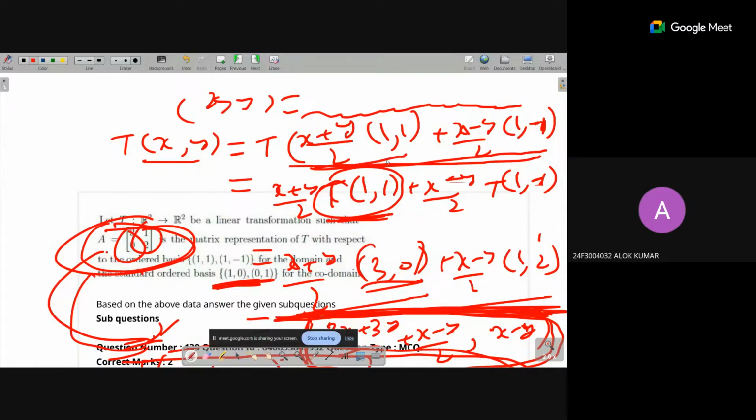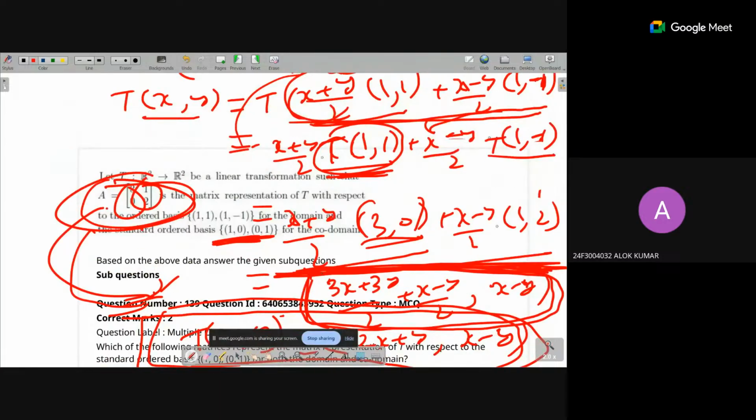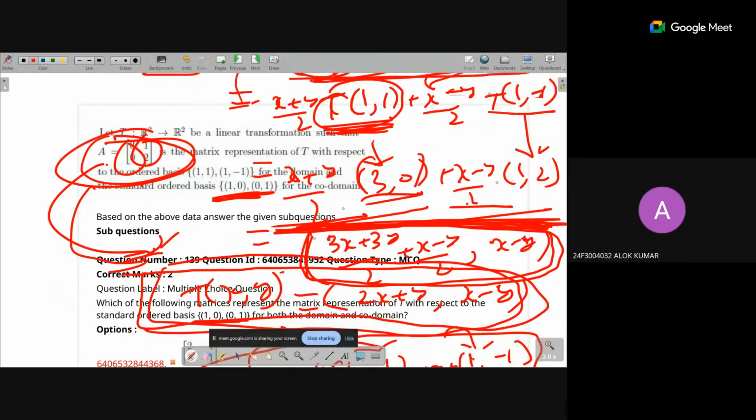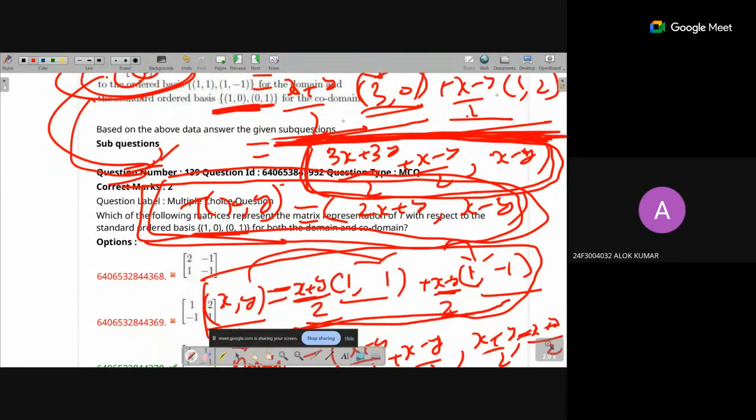Since it is a linear transformation, we can individually calculate it. I have just factored out this constant part and the transformation of 1 comma 1, and then this part and the transformation of 1 comma minus 1. The transformation of 1 comma 1, as we calculated earlier, is 3 comma 0 and I put it there, and the 1 comma minus 1 I put there, and x minus y by 2 is equal to this, and x plus y by 2 is equal to this. Now we do all this calculation, and we arrived at this point.